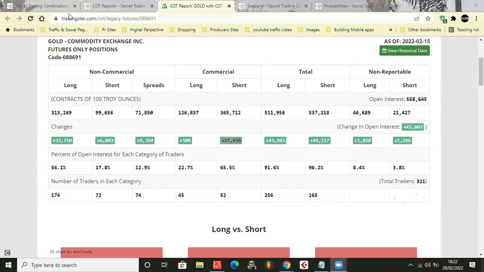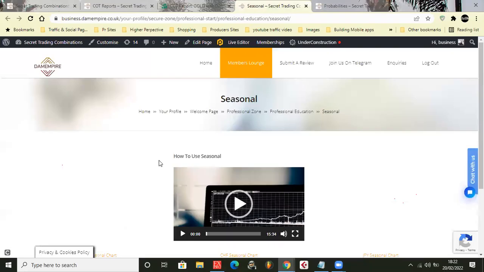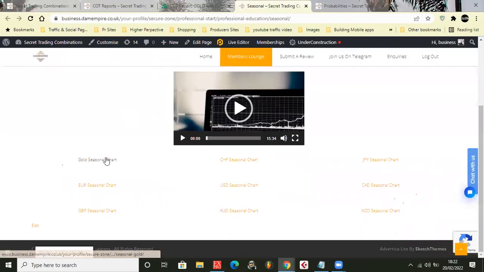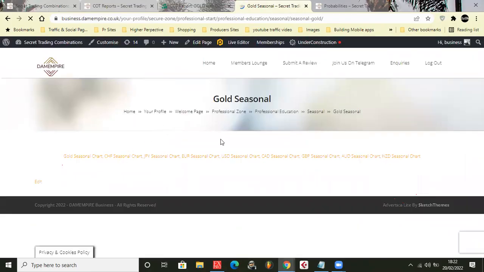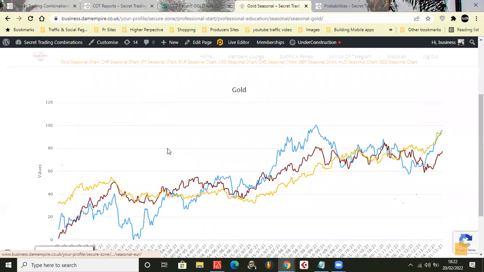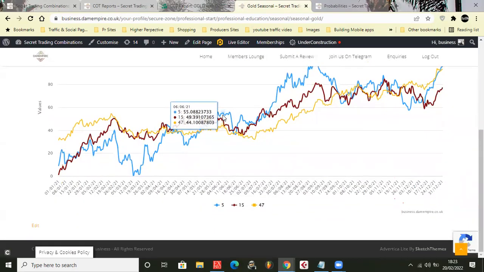So the next thing we do is we go to something called seasonality. Remember I said at specific season, the price of turkey goes up, the price of cattle goes up, at specific season, it goes down. So we look at a seasonality chart, and this seasonality chart has been compiled over several years, right? It shows us the price of gold from the past. Let me see, we have 47 years of data.